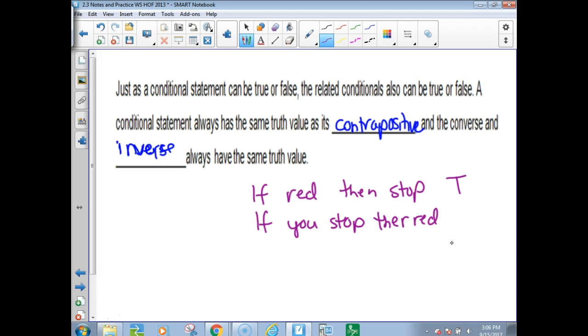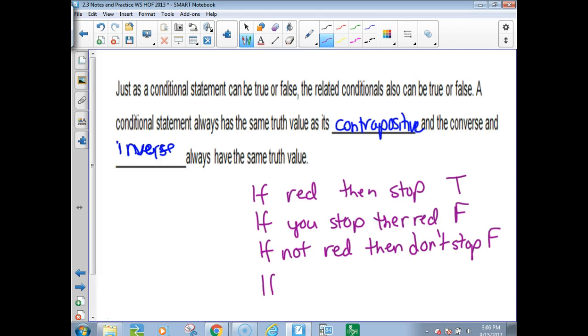Because you stopped, does it mean the light was red? If there's somebody in the road, you better stop, right? So that would be false. So if not red, then don't stop. Well, does that make any sense? If there's a car going through there in front of you, if it's not red, you don't stop is false.